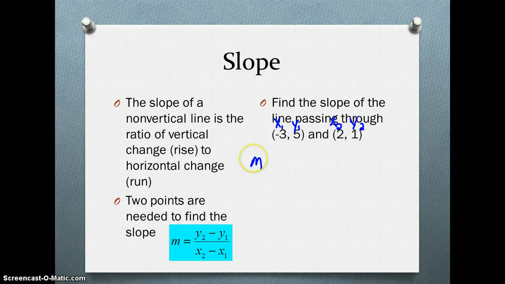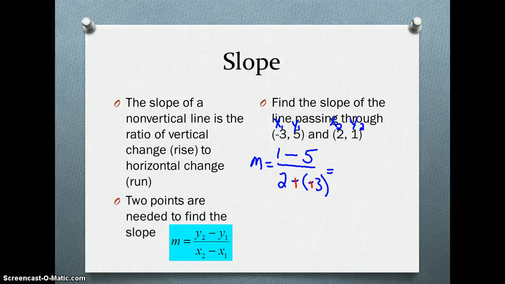So in order to calculate the slope, I have m is equal to y2, which is 1, minus y1, which is 5, all over x2, which is 2, minus x1, which is -3. Now, in the denominator here, we have minus a -3, so we know that we can change that to plus a +3, which helps our simplifying.